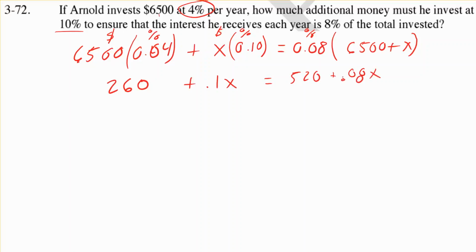Then we do our little subtraction. Subtract the 0.08 over, so we've got 0.02x over here. Subtract the 260 over equals 260. So then we've just got to do the 260 divided by the 0.02.